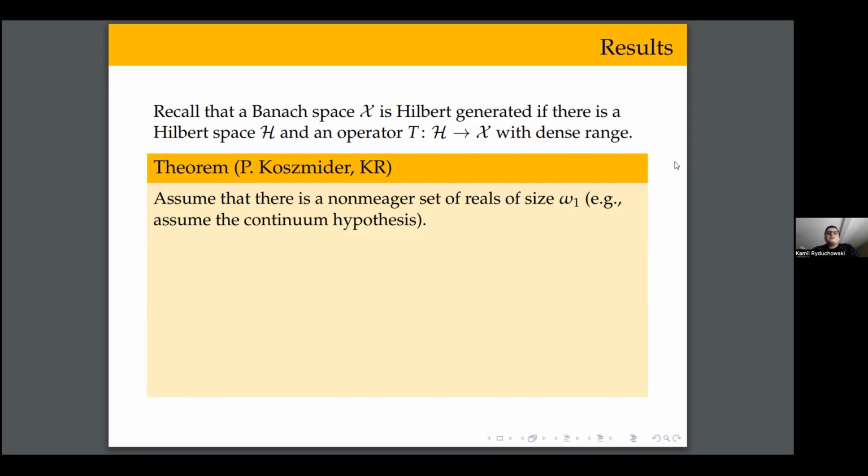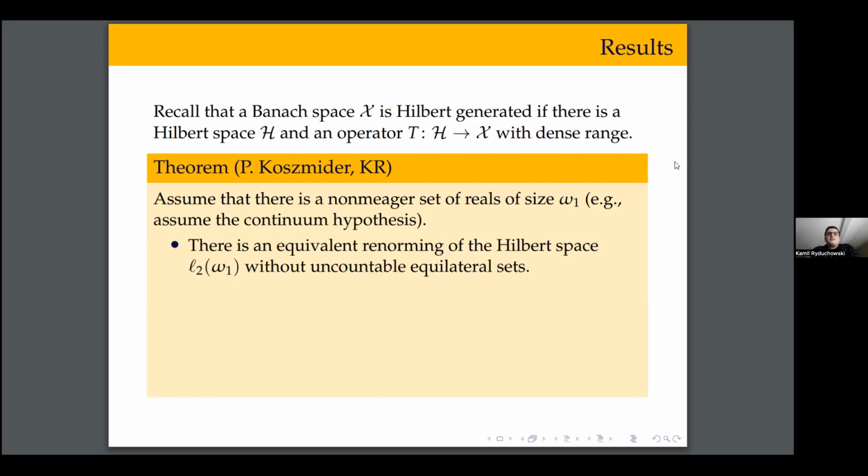So let's assume that there is a non-meager set of reals of size ℵ1, for example, assume the continuum hypothesis. Then there is an equivalent renorming of the Hilbert space ℓ2(ω1) without uncountable equilateral sets. Obviously the Hilbert space is super-reflexive, and has any nice isomorphic property.